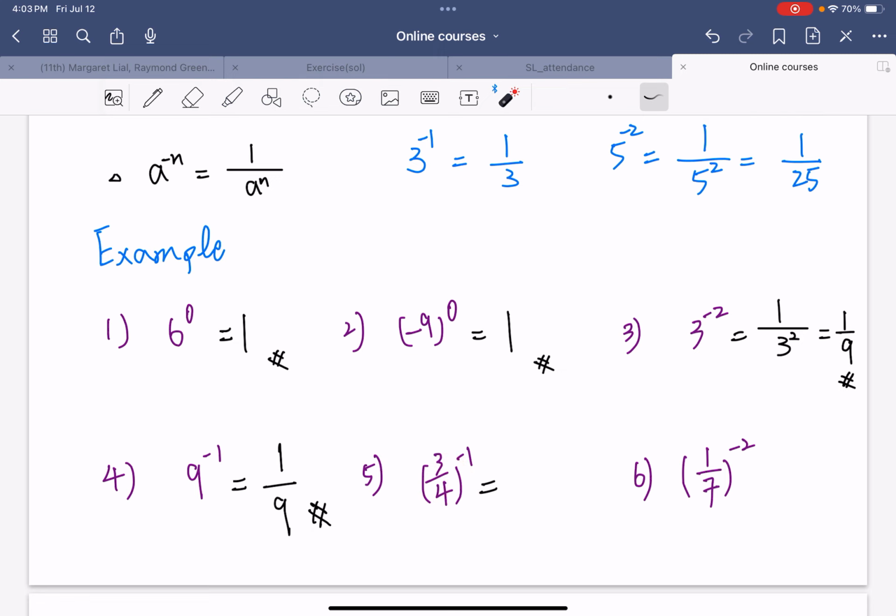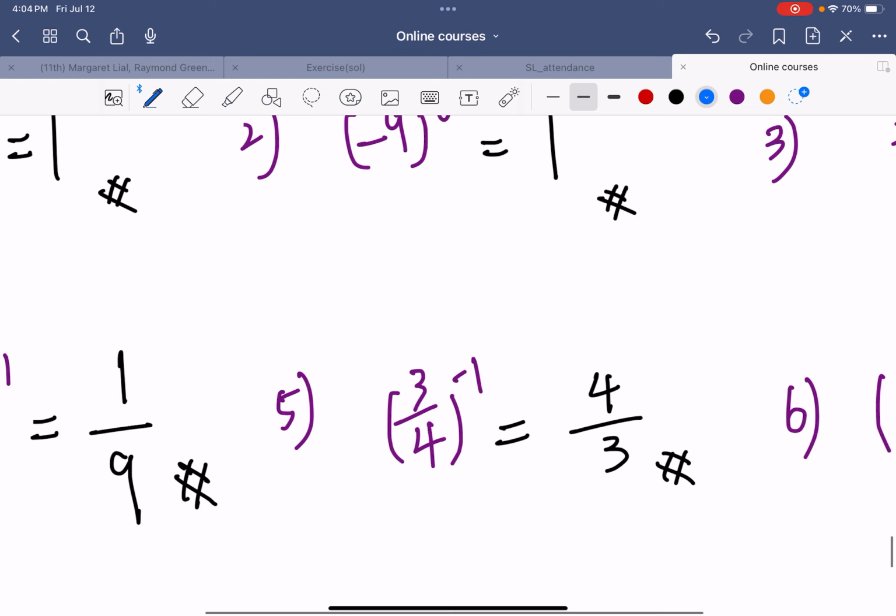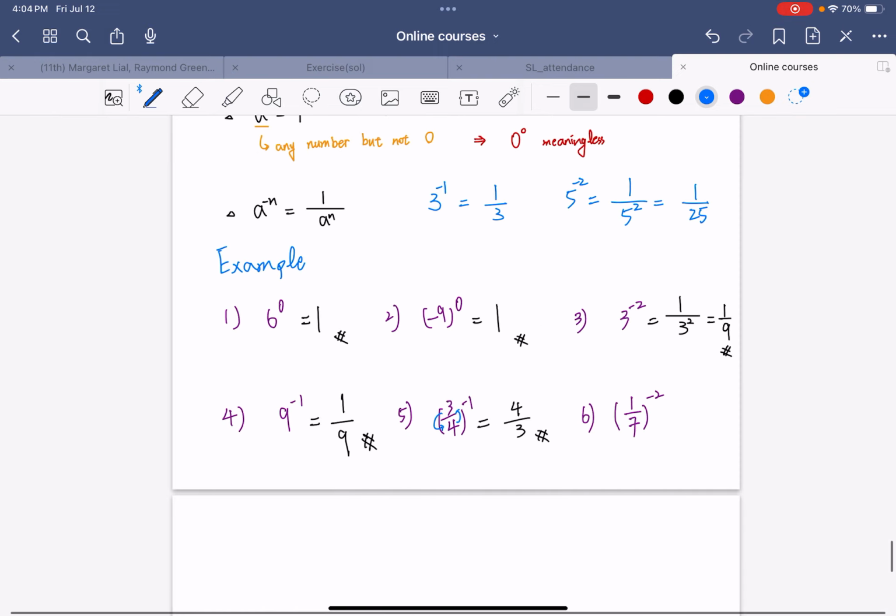You switch their places. That would be 4/3, and that will be our answer. So what you did is take 4 to the numerator, and then bring 3 to the denominator.